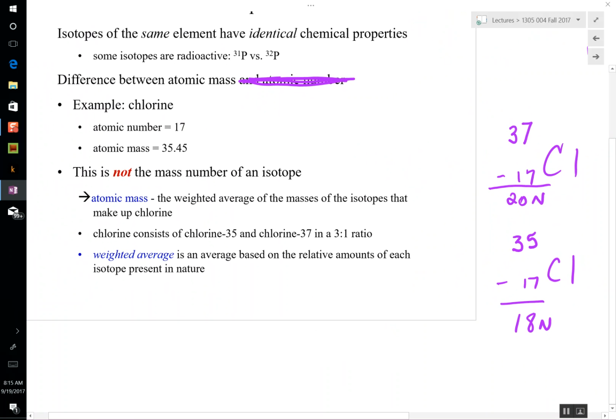All right, now the next sticky wicket here is that it doesn't just turn out in nature that half of them are chlorine 35 and half of them are chlorine 37. How much of each is there? I don't know why. It almost seems haphazard.